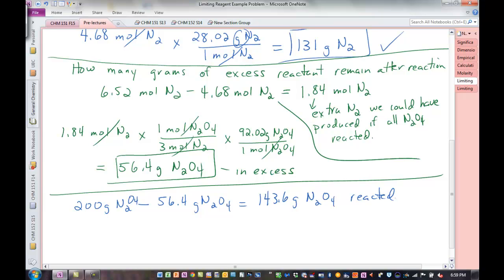Okay, you with me? So we started with 200 grams of N2O4. We just calculated that we have 56.4 grams left over. That must mean that 143.6 grams reacted. Well, if that 143.6 grams reacted, how much N2 could we get?